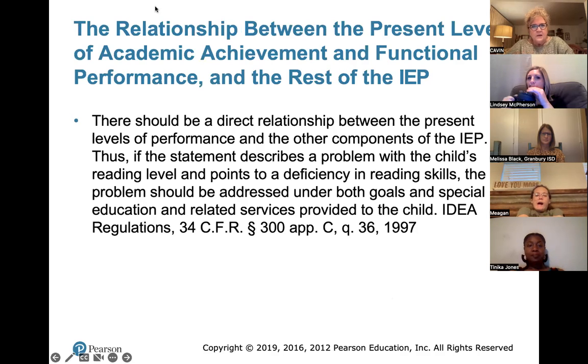So there should be a direct relationship between the present levels of performance and the other components of the IEP. Thus, if the statement describes a problem with the child's reading level and points to a deficiency in reading skills, the problem should be addressed under both goals and special education and related services provided to the child.